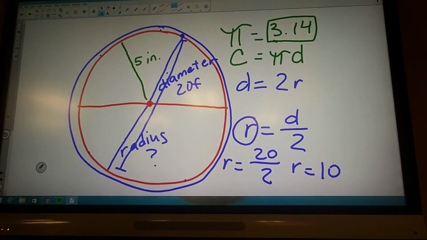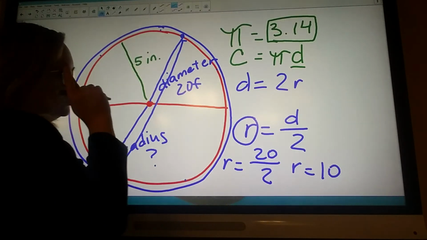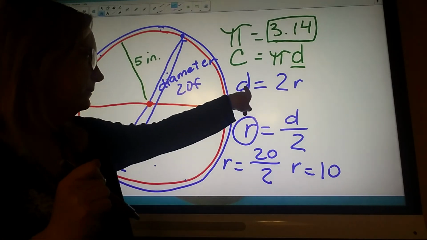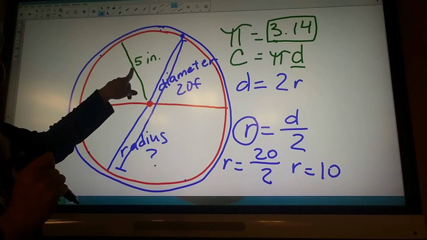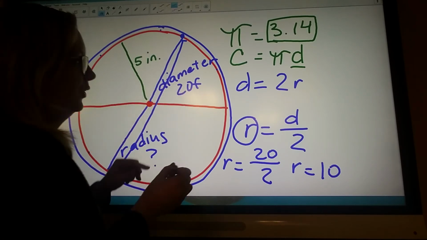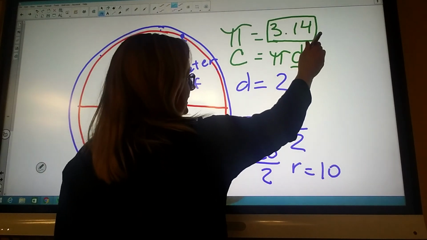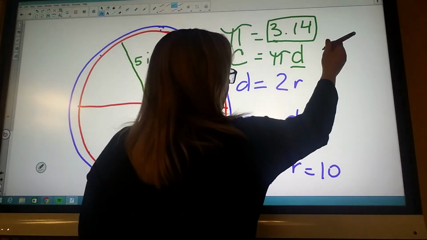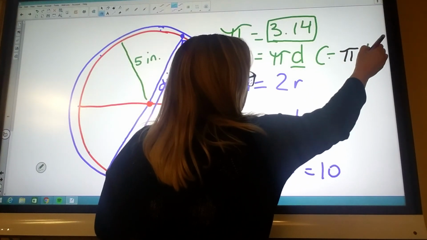If this is 5 inches, first of all, we have to figure out what the diameter is, because we need the diameter. The diameter is 2 times the radius. What is 2 times 5? 10. So we know that the diameter, this number right here, is 10. So I would say C equals pi times 10.